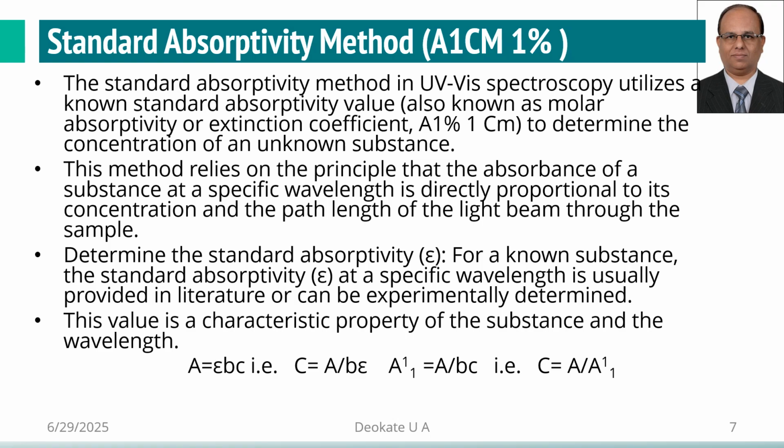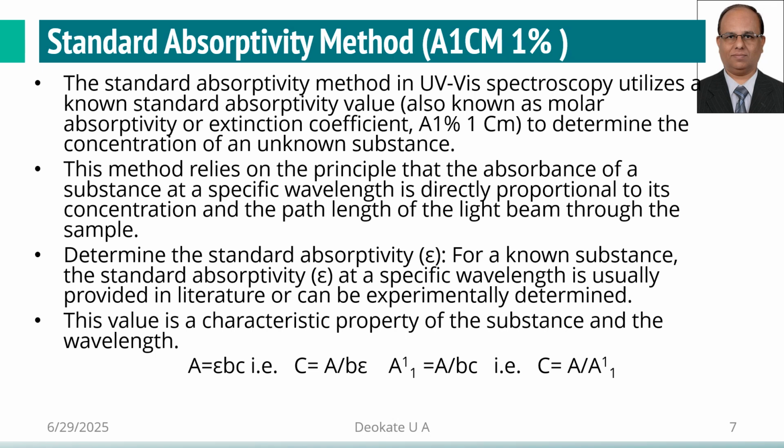This method relies on the principle that the absorbance of a substance at a specific wavelength, generally these A11 values or epsilon values are given at its lambda max, is directly proportional to its concentration and the path length of the light beam through the sample.